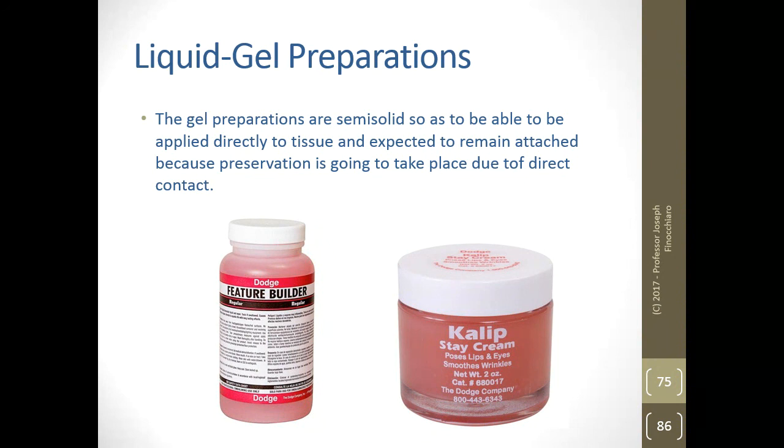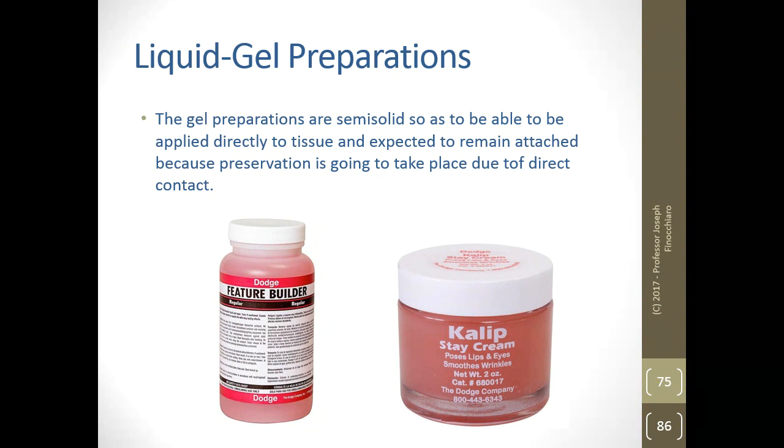Now, you have something here. You have Feature Builder and Kalon Stay Cream. Neither of them is a preservative, okay? Accessory chemicals are those chemicals that we use after the embalming process, outside of arterial embalming, outside of cavity embalming or cavity fluids, because you can use obviously hardening compound and stuff like that.